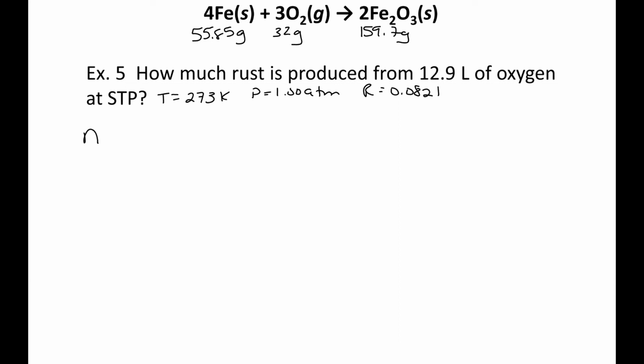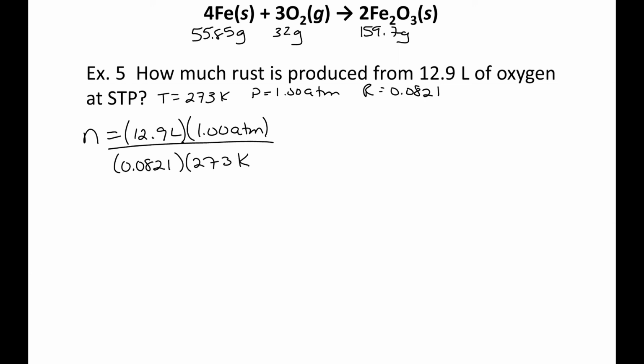Okay, so N equals, what's my P? 12.9 liters, and at 1.00 atm, 0.0821, and 273 Kelvin. Okay? When you do this, you get 0.576 moles of O2.